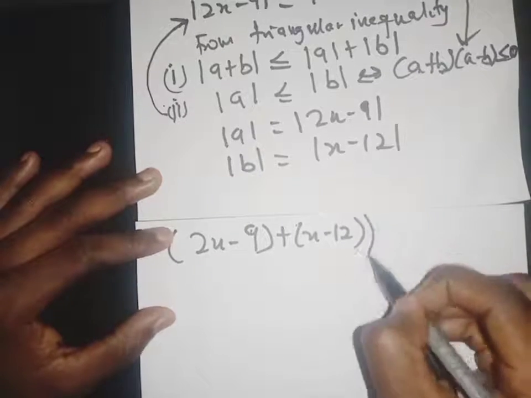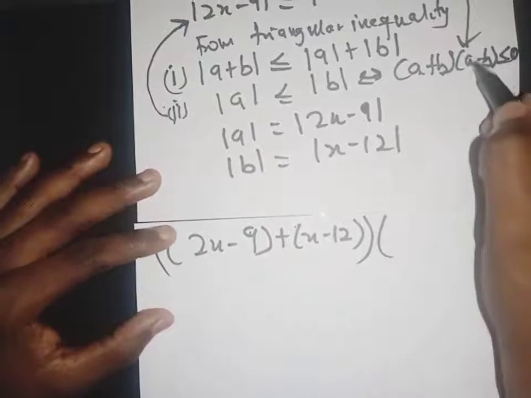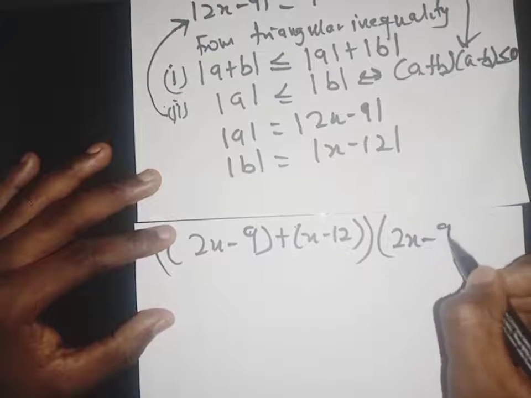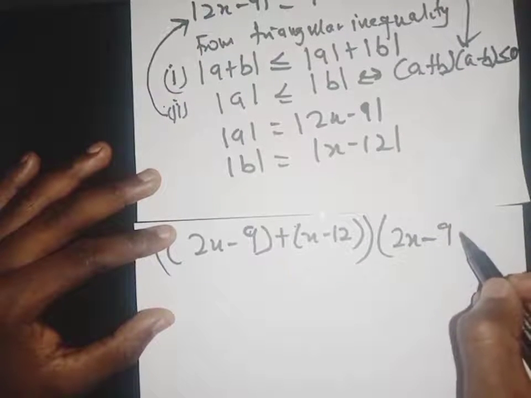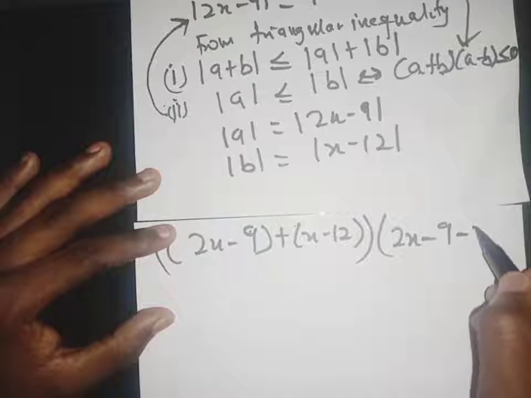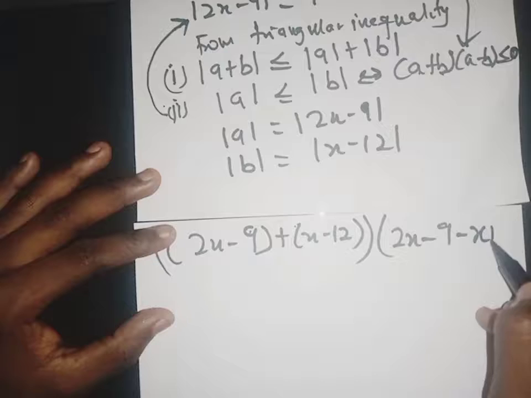Then the whole of this is multiplied by a minus b, which is 2s minus 9, and then it is minus, so it becomes negative 12, and then positive 12 on this side.